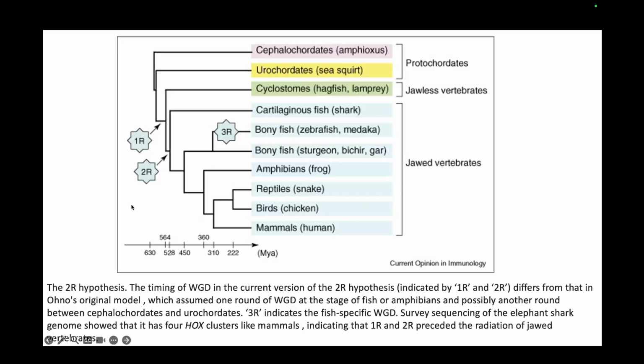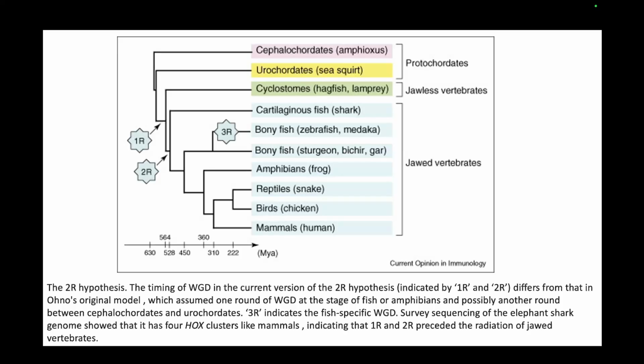So around this time, which is around 500 million years ago, the duplication occurred, where basically you divided the fish into amphibians and cartilaginous fishes. So from fish we developed a little bit into reptiles and amphibians. So that is the theory behind the 2R hypothesis.